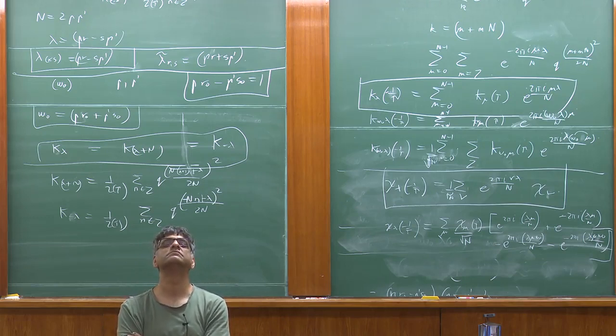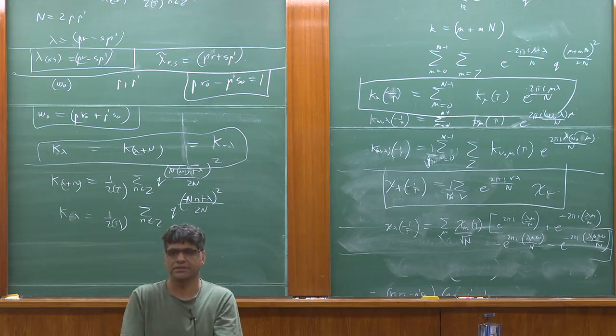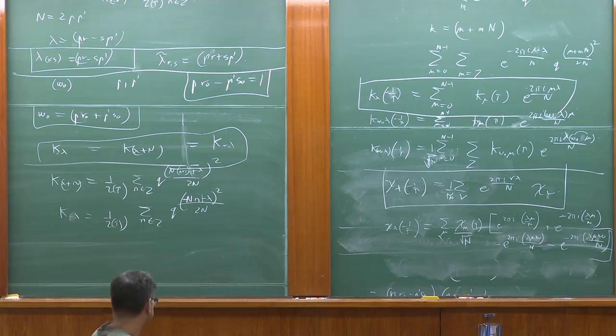If you have a plane wave, you get some Fourier components, right? First, I don't understand why you say tau goes to minus 1 by tau is giving you Fourier components. If you see this expression of character of minus 1 by tau, right? You're saying because the S matrix acts by roughly a discrete Fourier transformation.